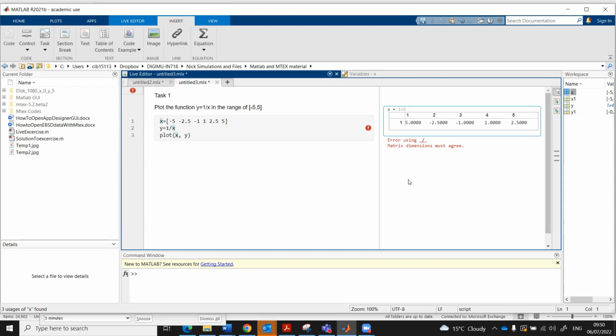One of the important things if you want to code in Matlab is to understand how to read error messages and how to correct them. Almost every error message, besides telling you what the error is, gives you a hint. See here it is written: matrix dimensions must agree.